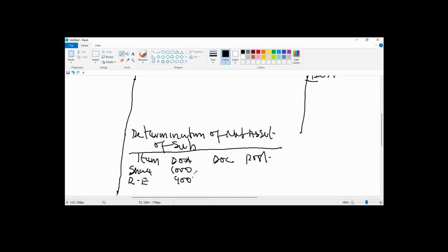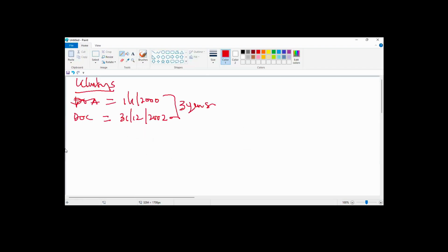Non-controlling interest is to be measured as a proportionate share of net assets. Don't forget: share proportionate. How do I know it is share proportionate? NCI can be valued in two ways: fair value, or share proportionate.